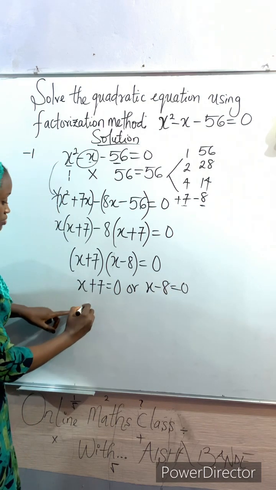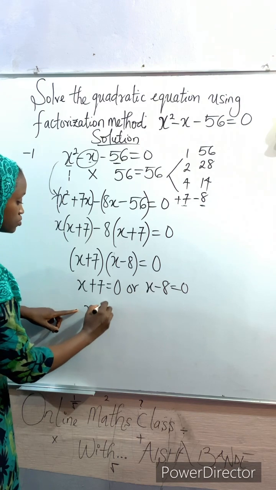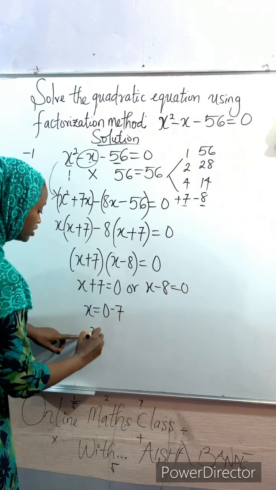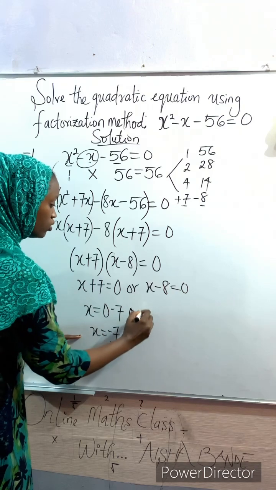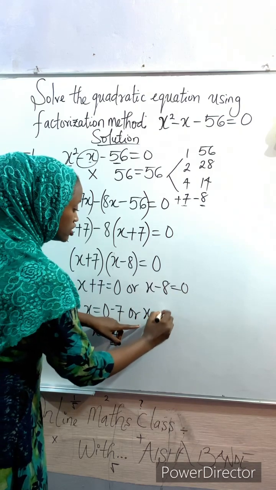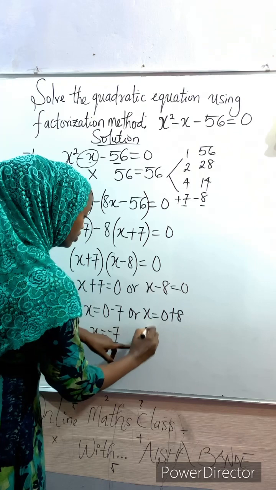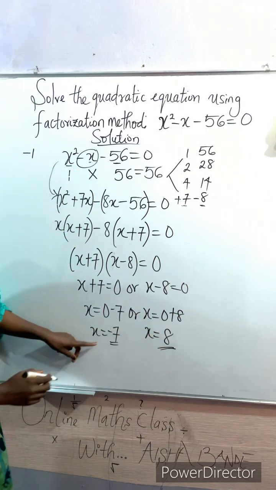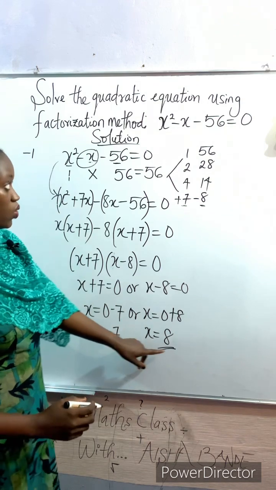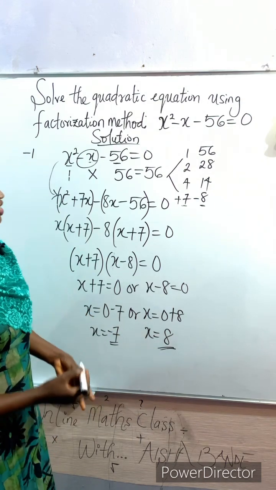So let's collect like terms. This is the same thing as saying x is equal to 0 minus 7, where x is equals to minus 7. Okay, or we can say x is equal to 0 plus 8, and here we have x is equals to 8. So our final answer is x is equals to minus 7 or 8 as our final answer.